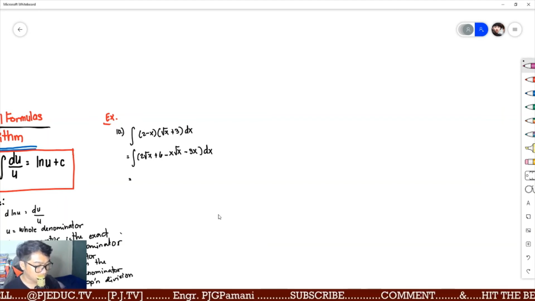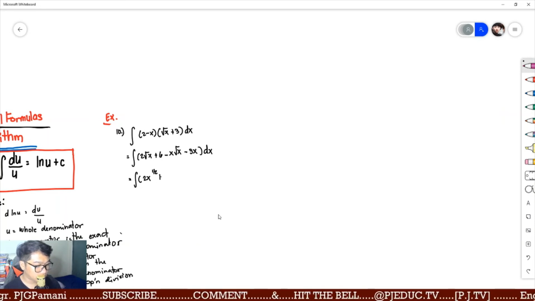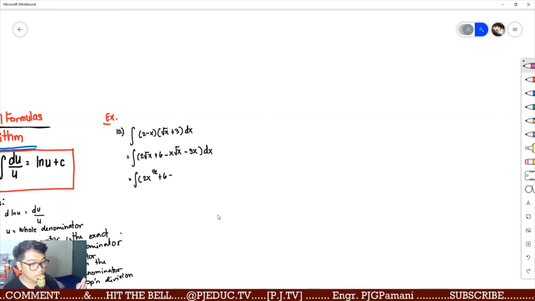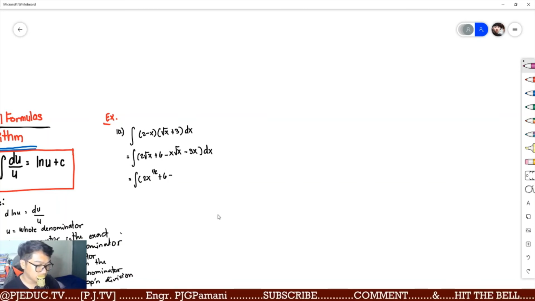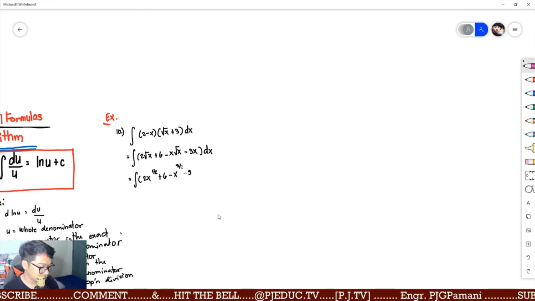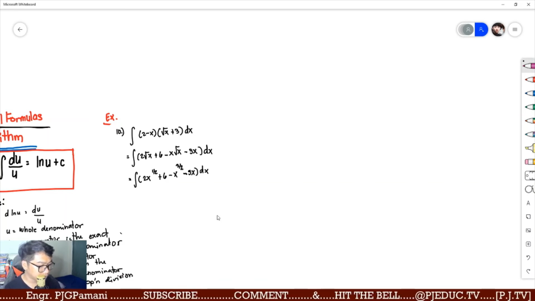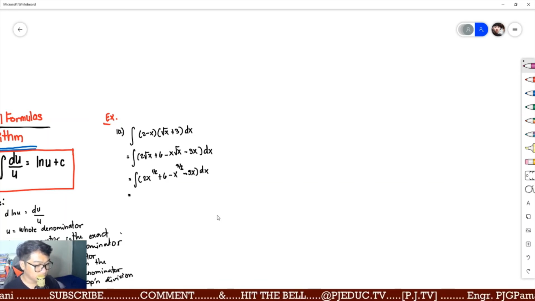Remember, square root has an exponent of 1/2. So that is now equal to 2x raised to 1/2 plus 6 minus x raised to 1 times x raised to 1/2. So 1 plus 1/2 is 3/2, minus 3x dx. Distribute nyo lang.